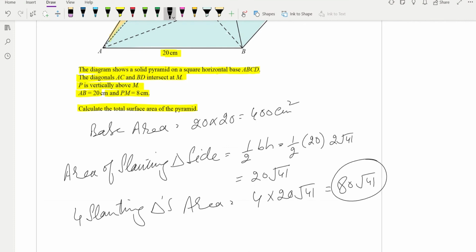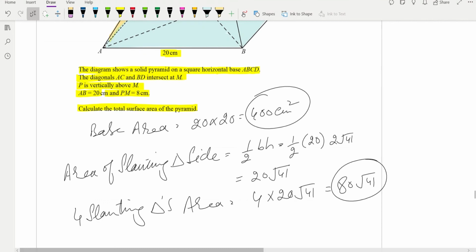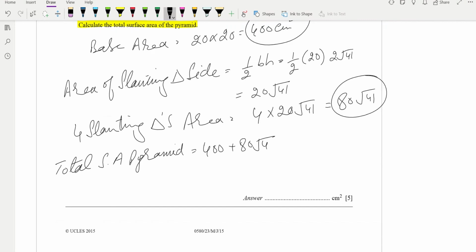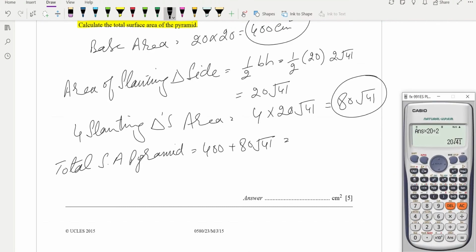Now this is the slanting area, and the other is the base area. So the total surface area of the pyramid will be equal to 400 plus 80 under root 41, which is 80 under root 41 plus 400.